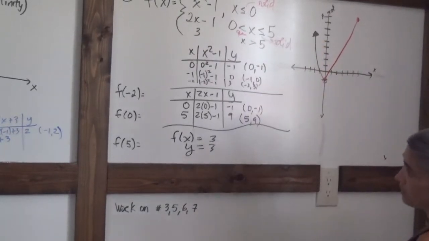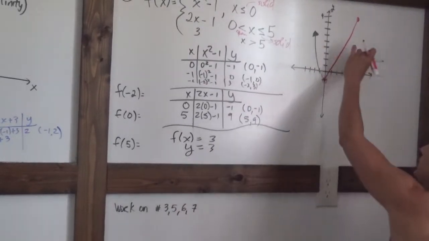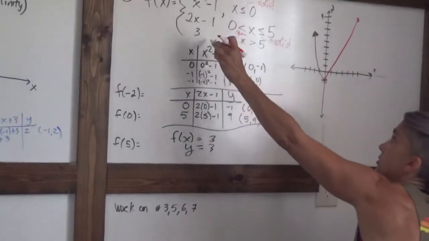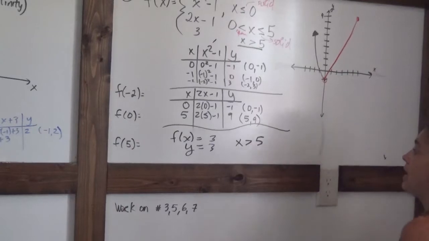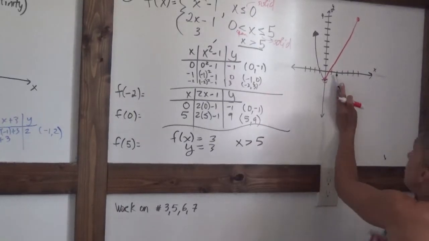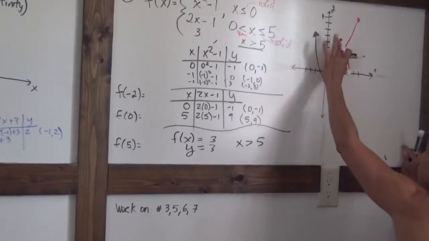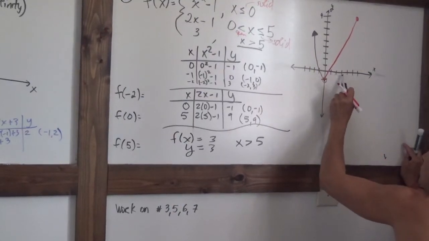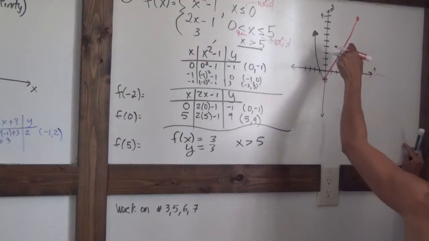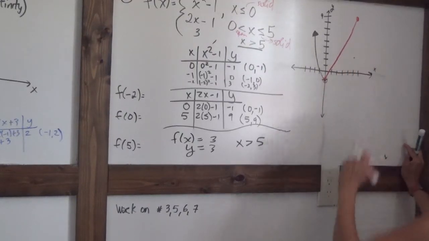Now, does it want us to include everything on this y equals 3? Well, what's the restriction? It says all my x's have to be greater than 5. So I'm going to be going to the y equals 3 line, right? But I want to go to 1, 2, 3, 4, 5, right here, 5, comma 3.